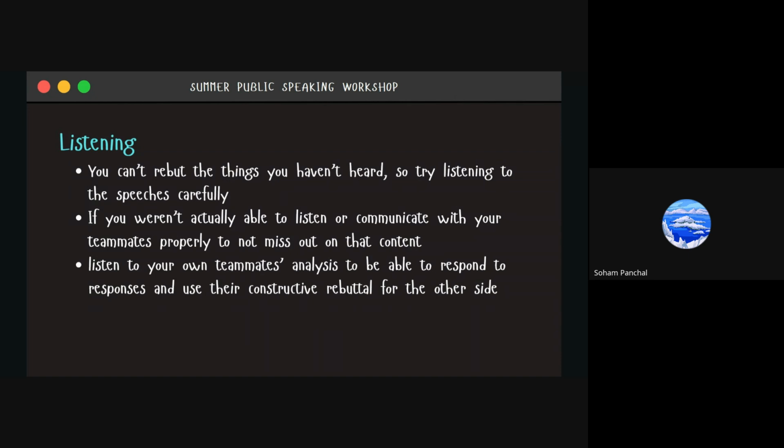Because what it leads to is, if the opposition is coming and rebutting, like let's assume you're a whip, or you're a deputy, then you have to give rebuttals of rebuttal. Like sometimes PM has said something, then LO comes and rebuts it, then DPM comes and rebuts it.